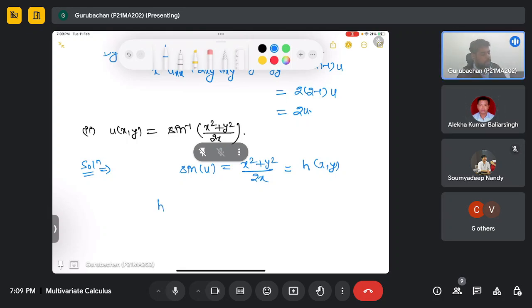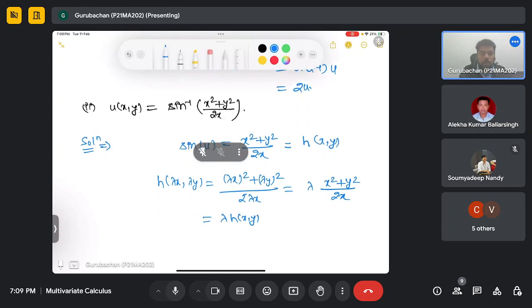See, substitute lambda x and lambda y and check: lambda x square plus lambda y square divided by 2 lambda x. It will give us lambda times x square plus y square divided by 2x. This will be lambda times of x. So what do you want to see, Nikhil, now? Is it homogeneous or not?